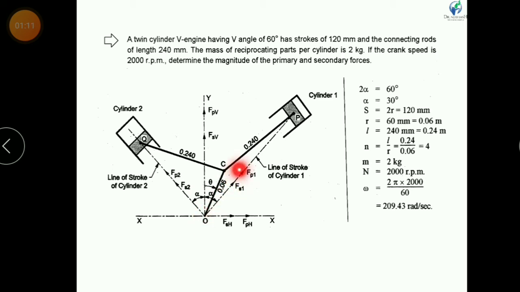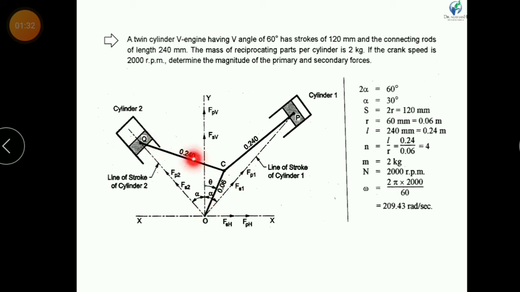So this is the center line of cylinder 1 and this one is the center line of cylinder 2. Here this is our cylinder 1 and this is our cylinder 2. In cylinder 1 there is one piston connected with the crank by the connecting rod. So PC is the connecting rod and OC is the crank.